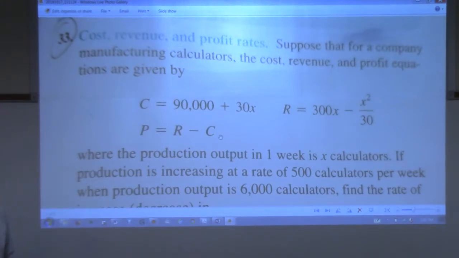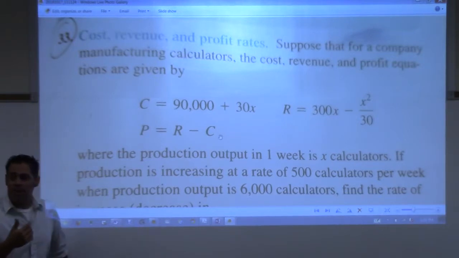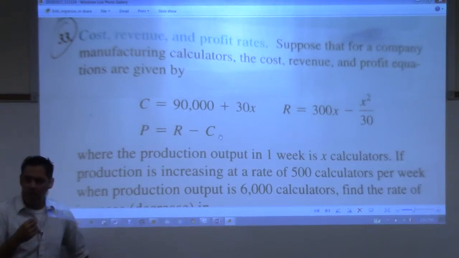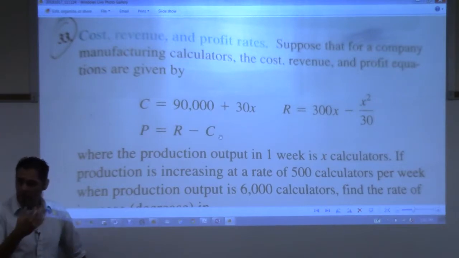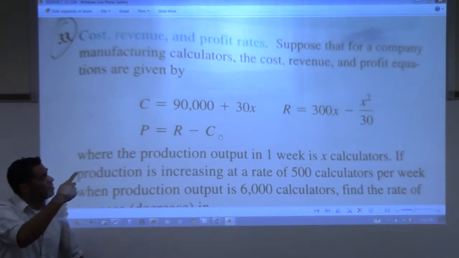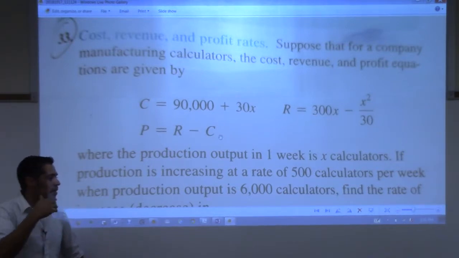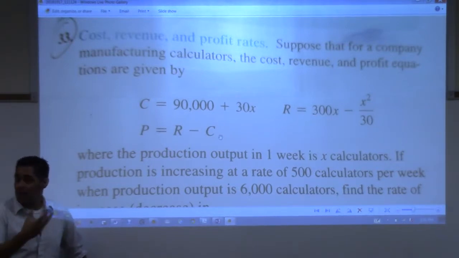this company. All right? What we've introduced into the problem is something that we did not have in Math 1324. We never were talking about time when we were talking about cost and revenue. It was always just, here's your cost function, here's your revenue function, but the time aspect was not there.